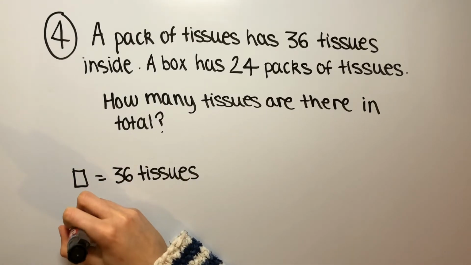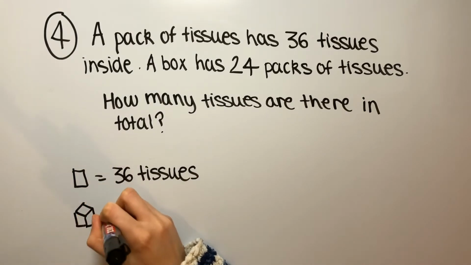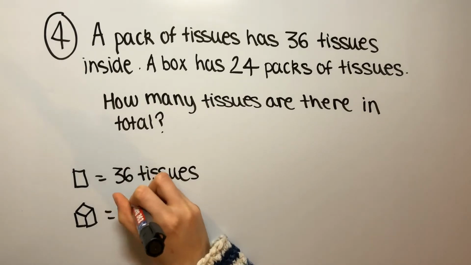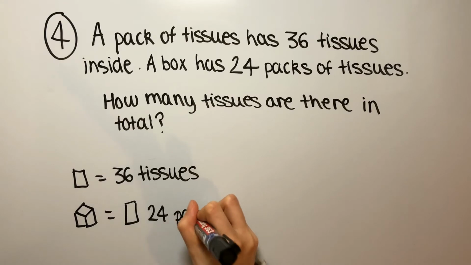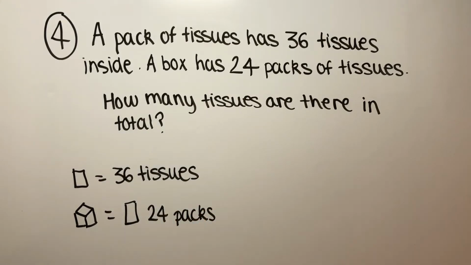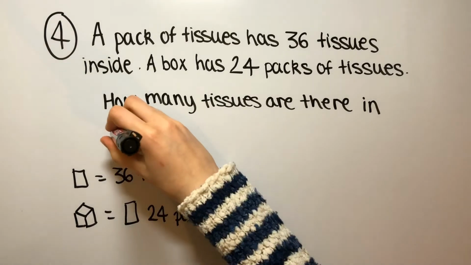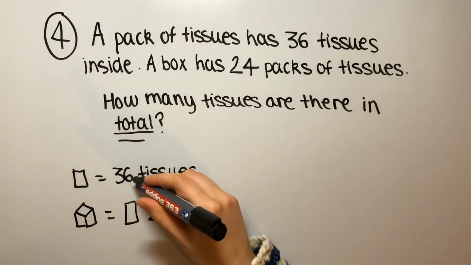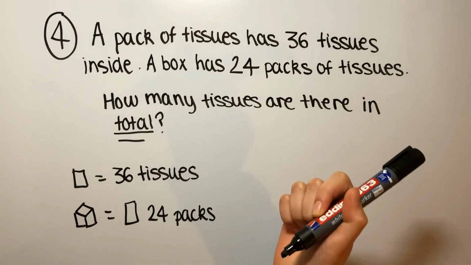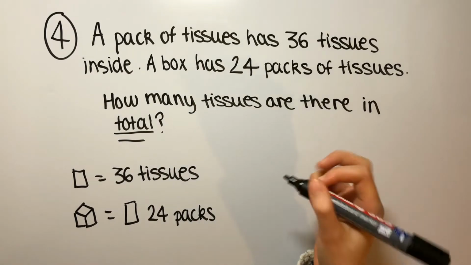In our box, we have 24 packets of tissues. Now we are asked to find the total number of tissues. That means we need to do 36 times by 24 to work out the total.